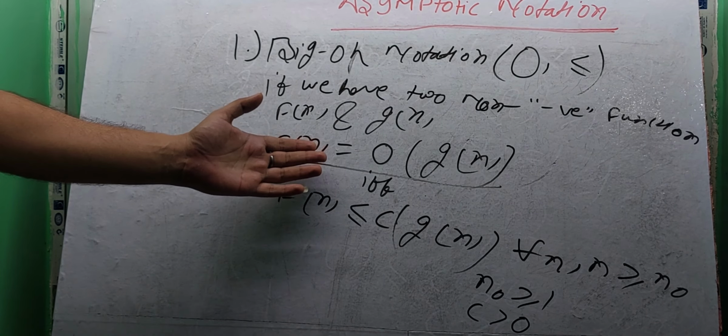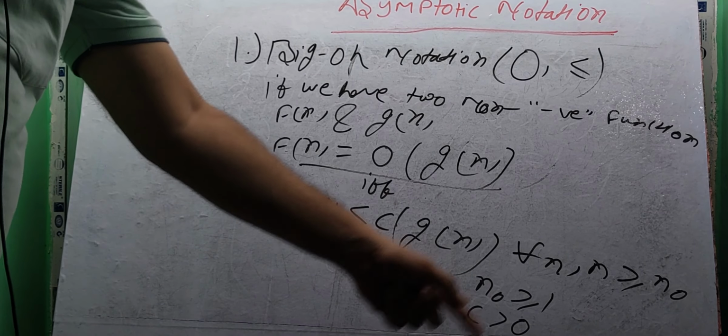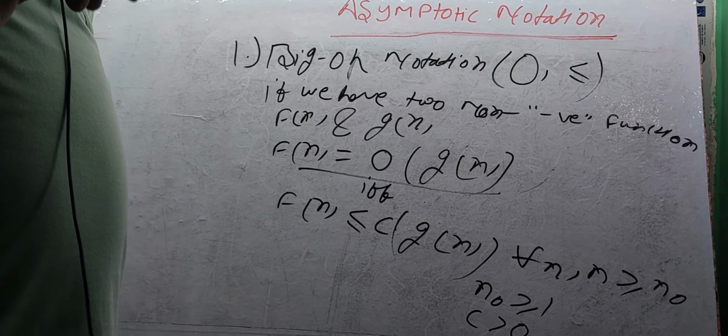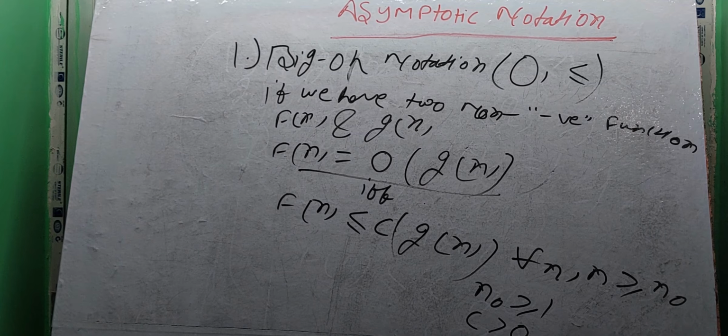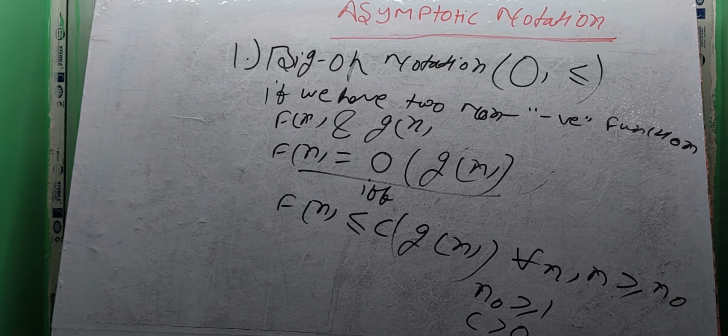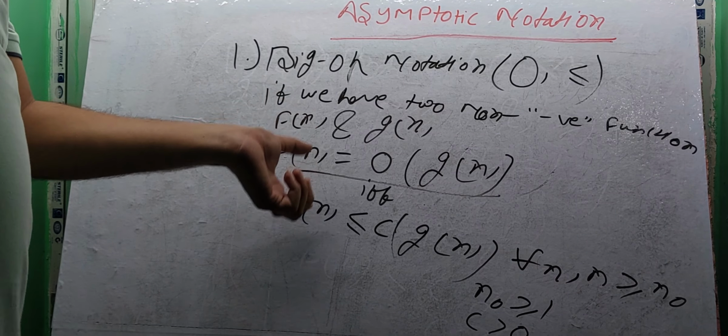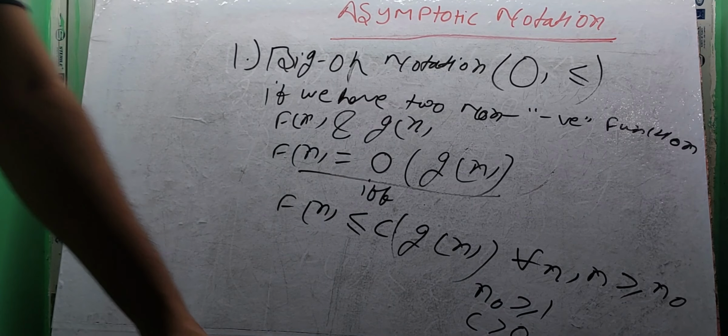If this condition is following, then we will say that the given two functions, that is f of n, is big O of g of n.